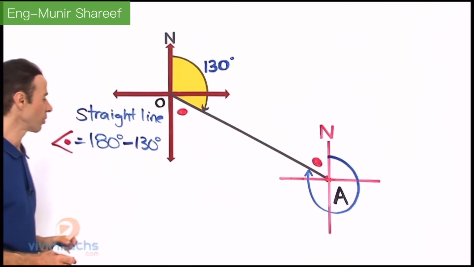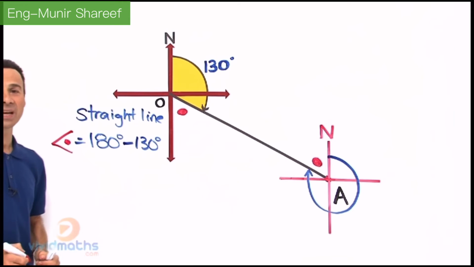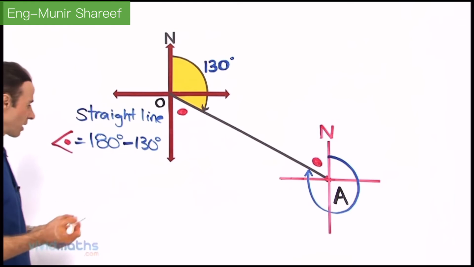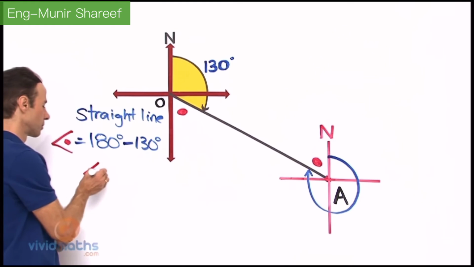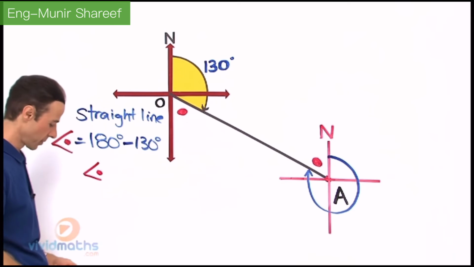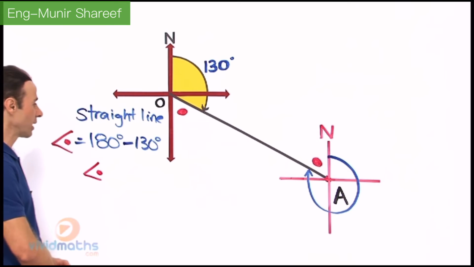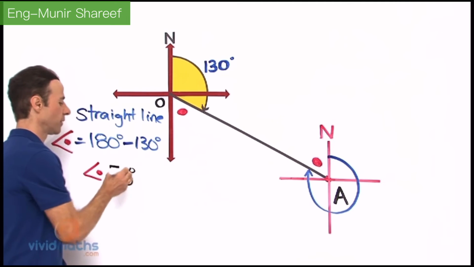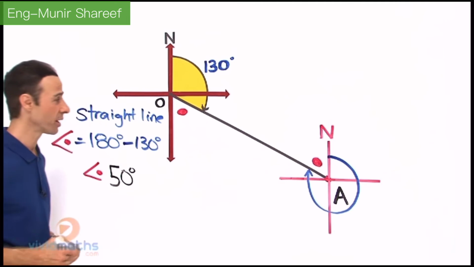That's what we're after. So 180 take away 130, on the calculator or mentally, equals 50 degrees. Let me mark that in the diagram.